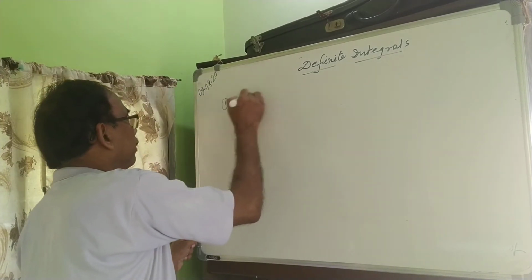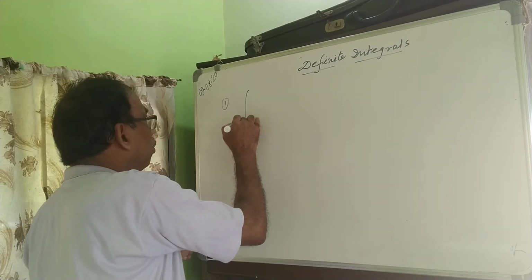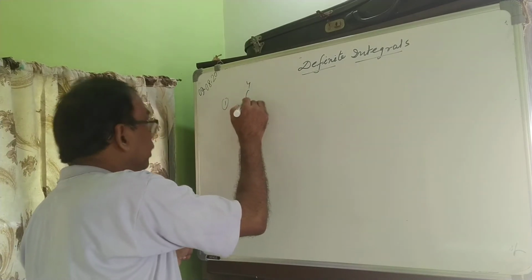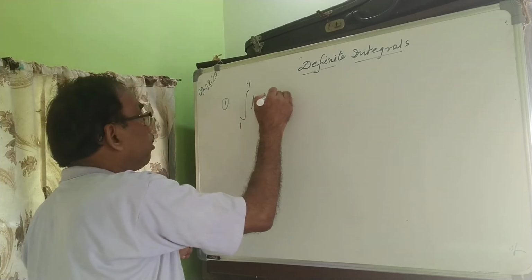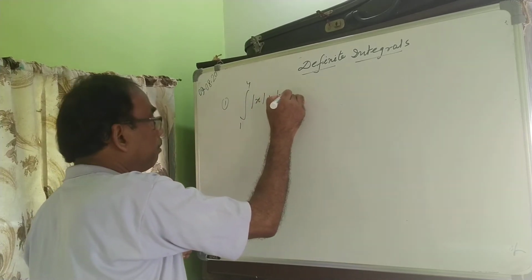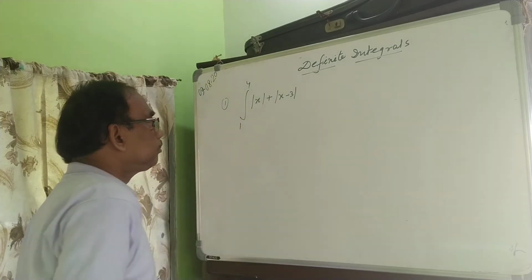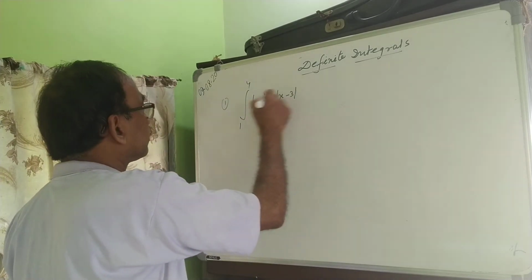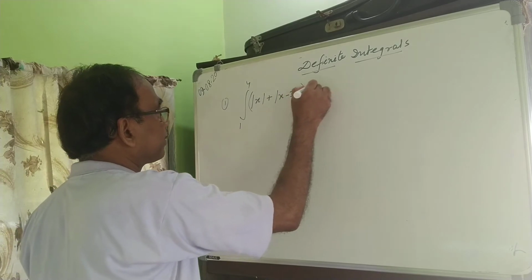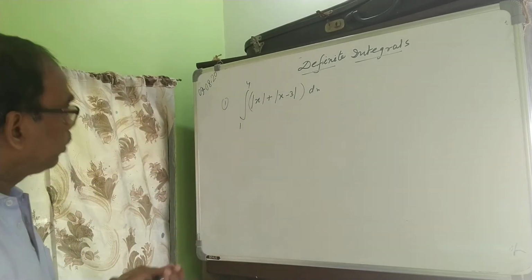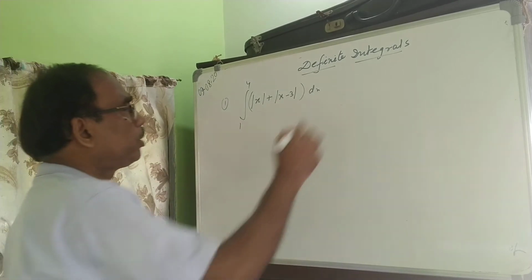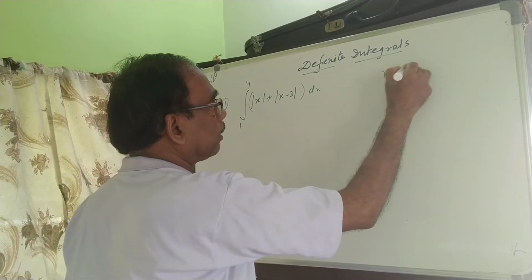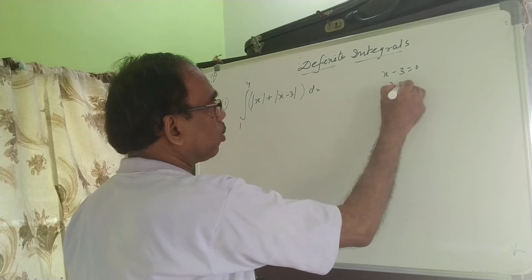Sum number 1: integration from 1 to 4 of modulus of x plus modulus of x minus 3, all over dx. There are two functions. Put x minus 3 equals 0, that is x equals 3.